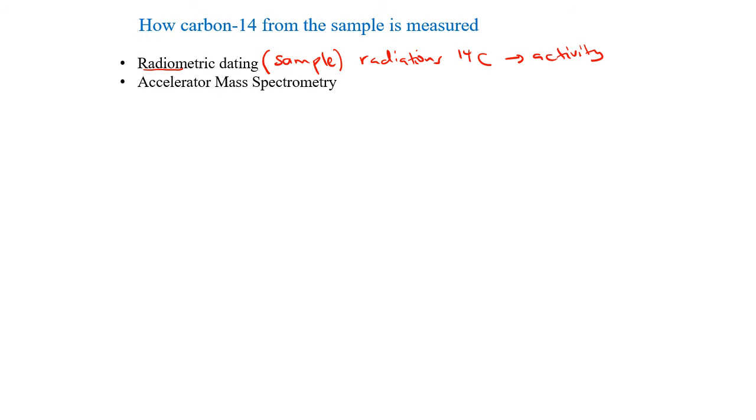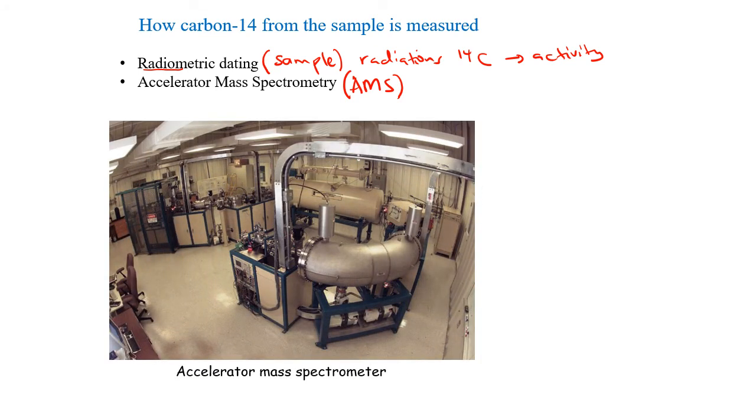However, we also have the accelerator mass spectrometry, also known as AMS, and this one uses mass. And just like you hear spectrometry, basically the machine tries to sort out the different isotopes of carbon basing on their masses, because remember, they have different masses because they have different mass numbers.